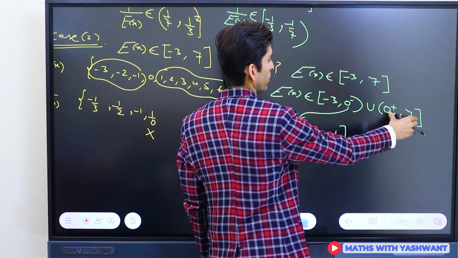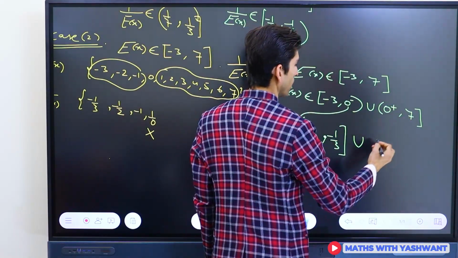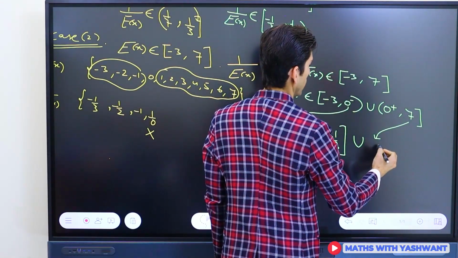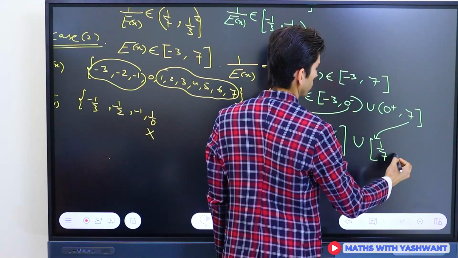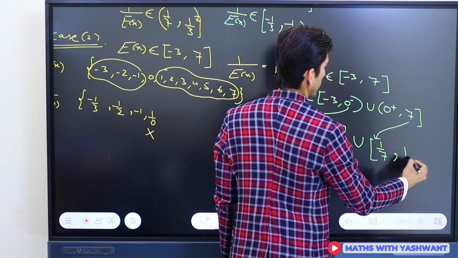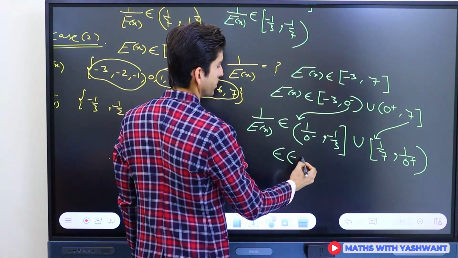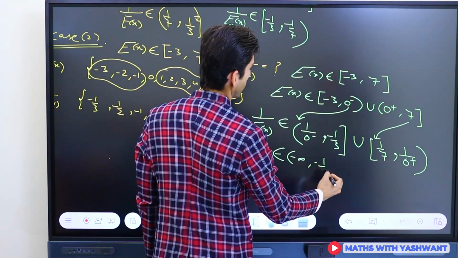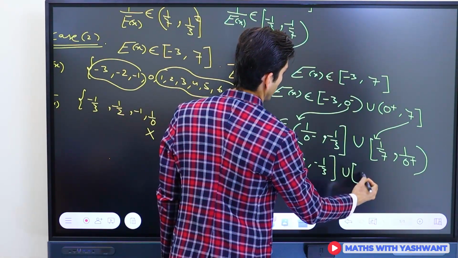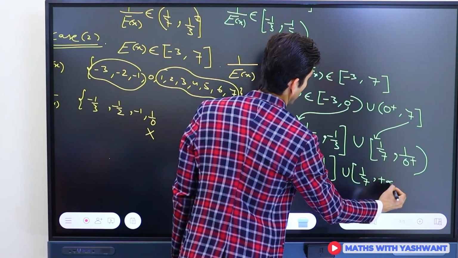We follow the same rule for the second interval: for 7 we have 1 upon 7, close, and for 0 we have 1 upon 0 positive, open. Now 1 upon 0 negative is negative infinity, so we get negative infinity to -1 by 3, union 1 by 7 to positive infinity.